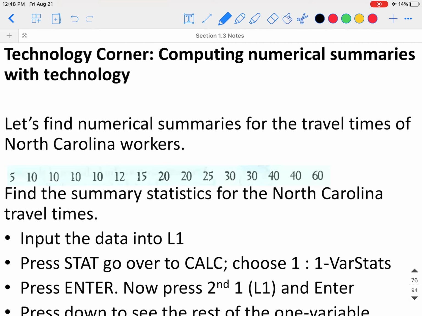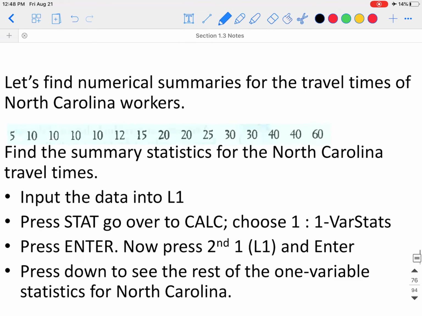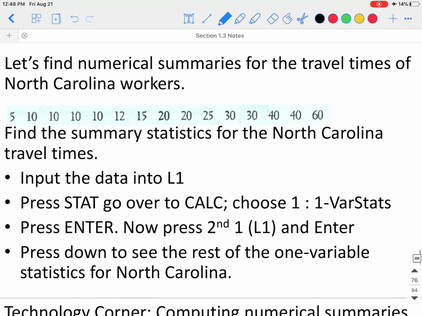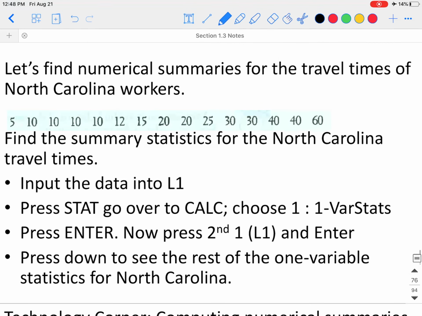Now, good news, if you have a large set of data, you are not going to want to find the standard deviation by hand, so the calculator can find standard deviation for you. Let's look back at that example about the North Carolina drivers and how long they have to travel to get to work. To do this, the first thing you're going to do is input all your data into list 1.